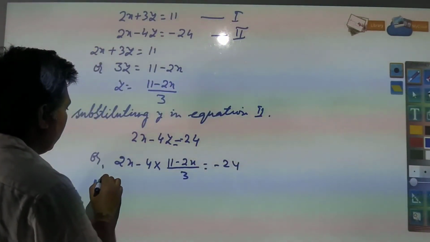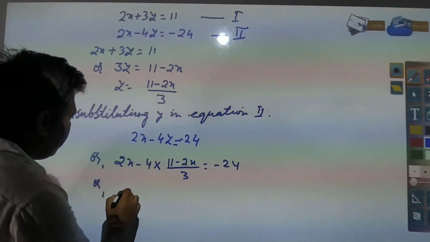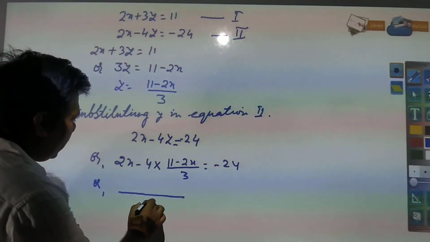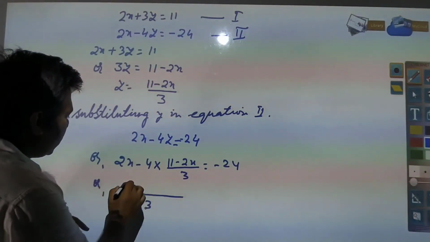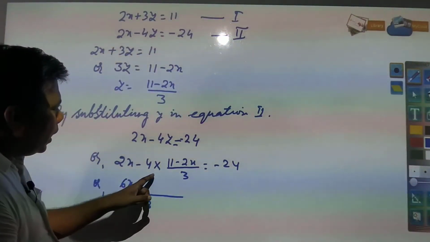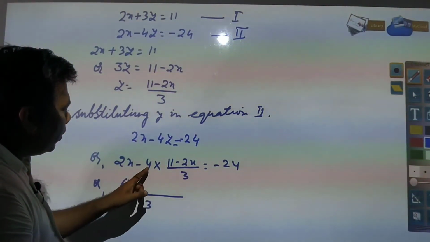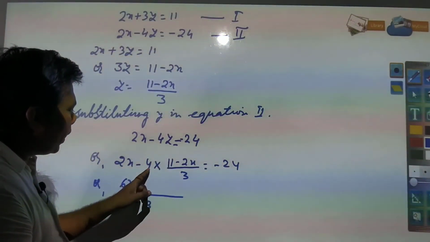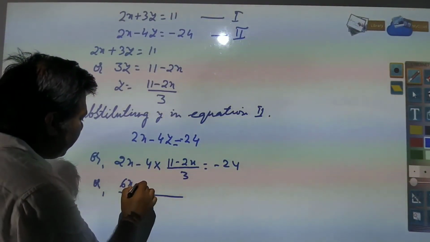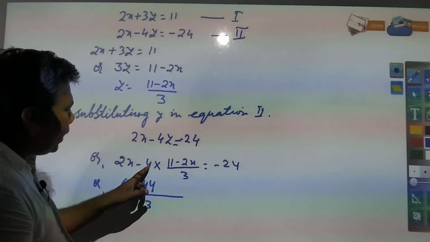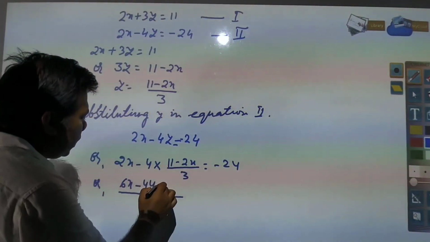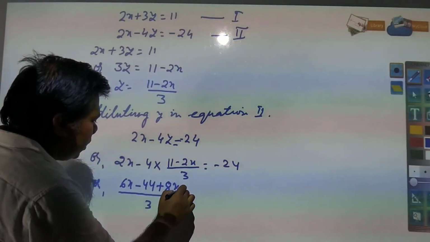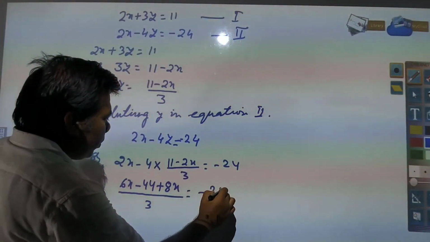Or here you see again, here you will have 3 and 3, 2 threes are 6, and here we will multiply minus 4 into 11, it will be minus 44, and minus 4 into minus 2x, it will be plus 8x, and that is equal to minus 24.